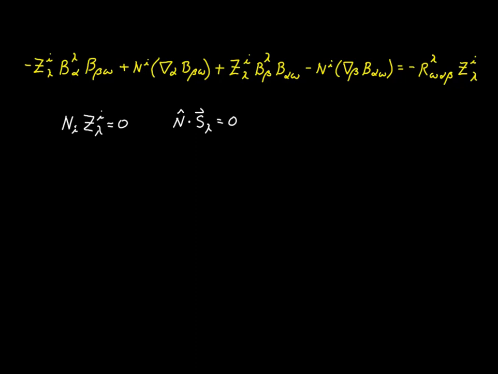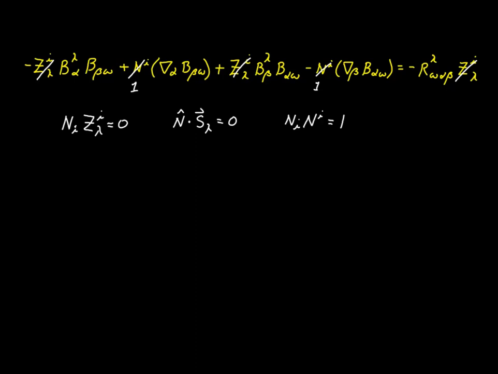Well, that means as we go through this equation and dot everything with N i, this term and this one are all going to go to 0 because of this particular fact. Now, also, of course, N i in the lower position, dotted with N i in the upper position is going to yield a value of 1, and that means that these two terms, this one and this one, are going to become 1s. So when we dot everything with N i across the board, we're going to be left with only two non-zero terms.